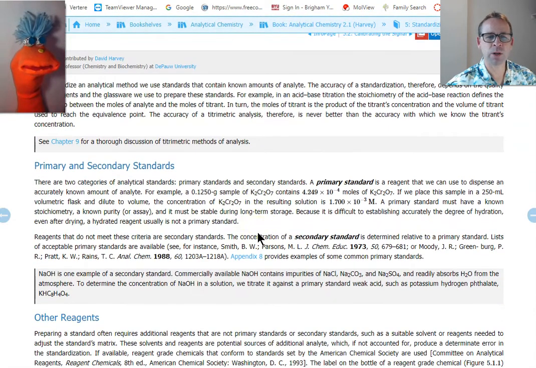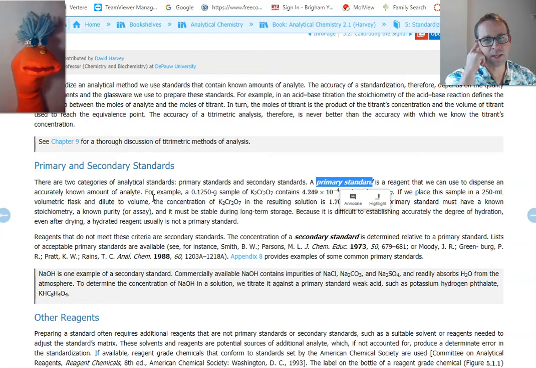So we have what are called primary and secondary standards, and we talked about this a little bit before, but a primary standard is a reagent that we can use to create a standard that will be very stable over a desired lifetime. And if something is considered a primary standard, that lifetime is generally months.